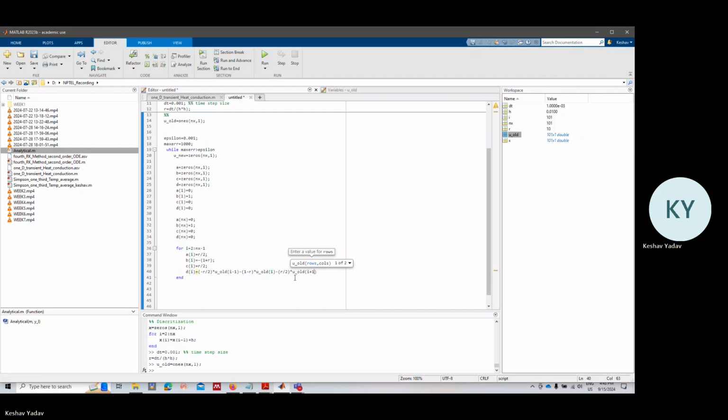Okay, so this will be my d i. Now I have defined a, b, c, d, all I have defined.